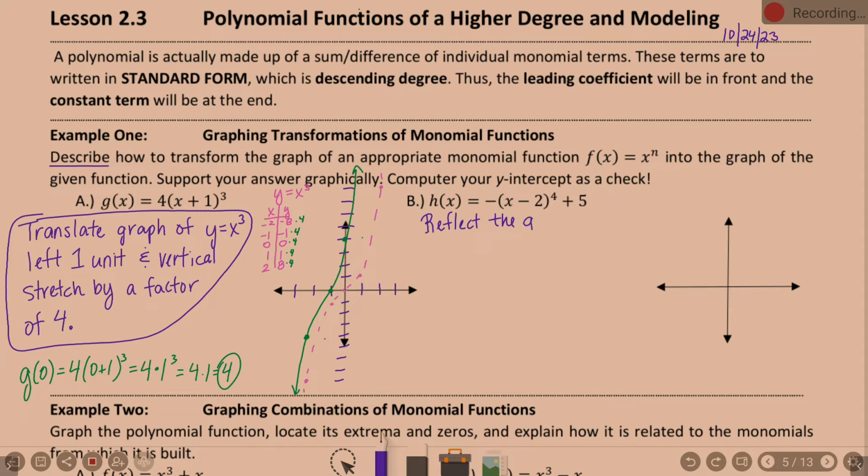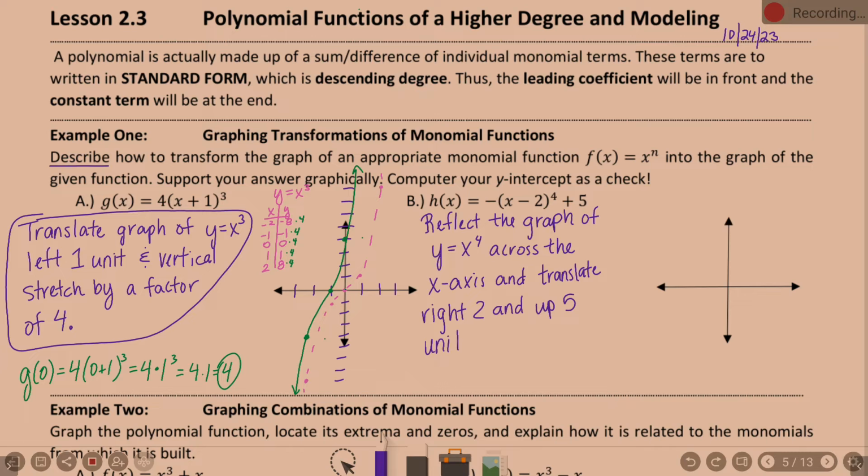Reflect the graph of y equals x to the 4th across the x-axis and translate right 2 and up 5 units.